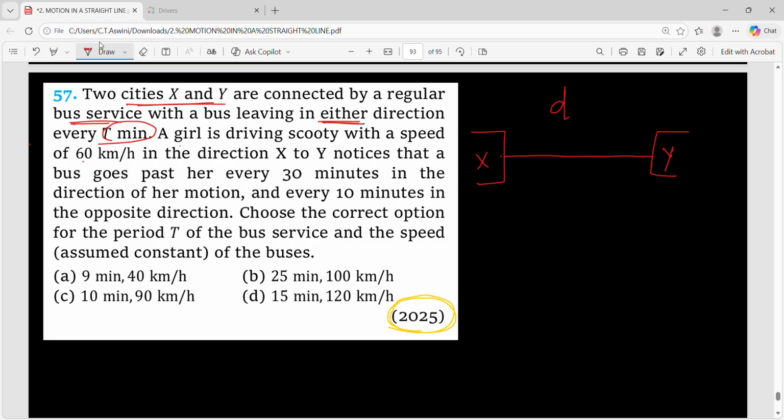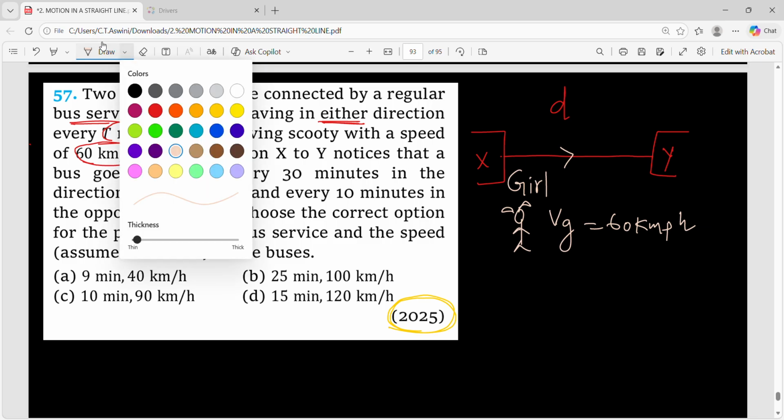A girl is driving a scooty with a speed of 60 kilometers per hour in the direction X to Y. So there is a girl, traveling from X to Y. And how much is the speed of the girl? Let it be Vg. It is 60 kilometers per hour. What did she notice?